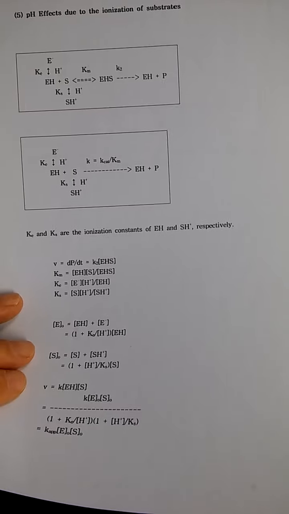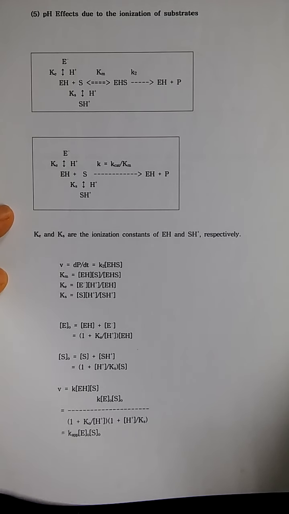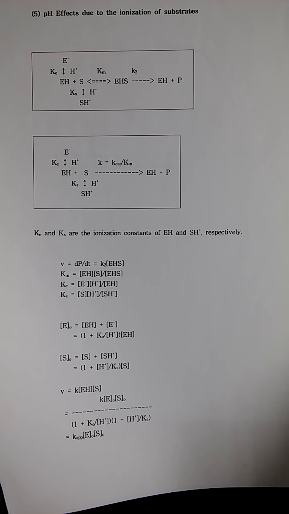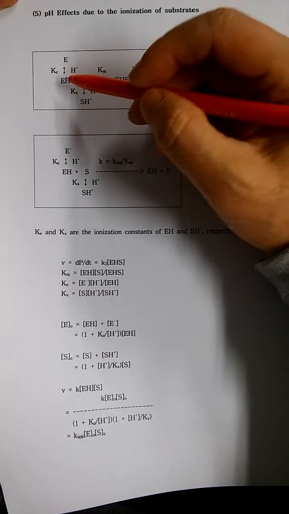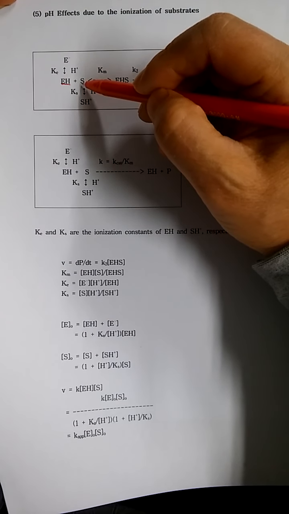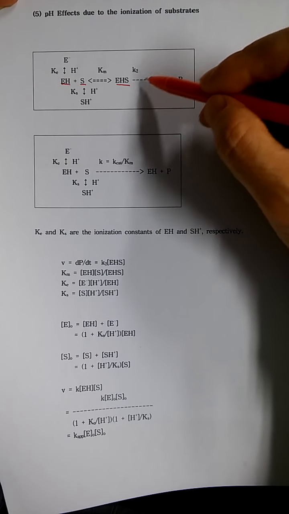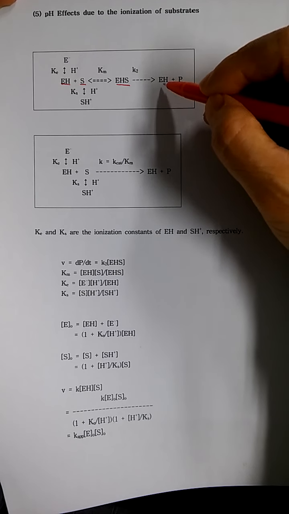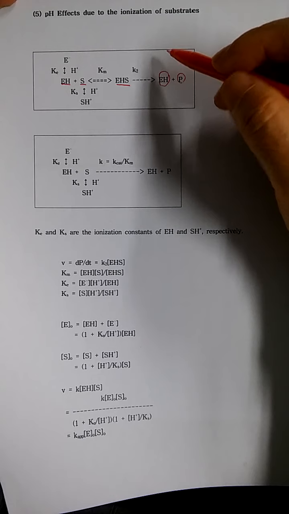And sometimes we have a substrate which can be ionized also. Okay, so this is just one of the models proposed for this case. As you can see, we have free enzyme which can bind substrate to form EHS, and then that goes through the normal catalytic cycle of the enzyme to produce product and to recover the free enzyme.